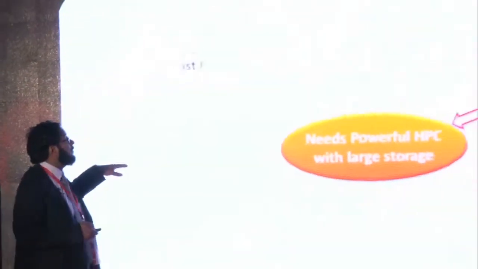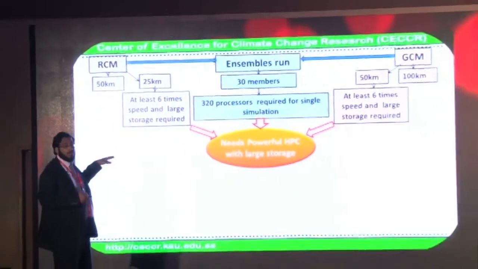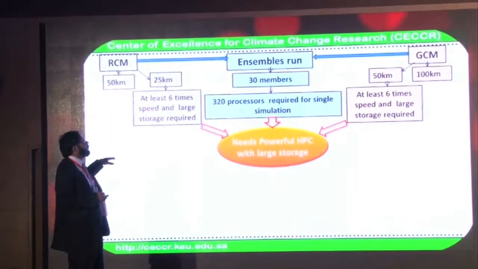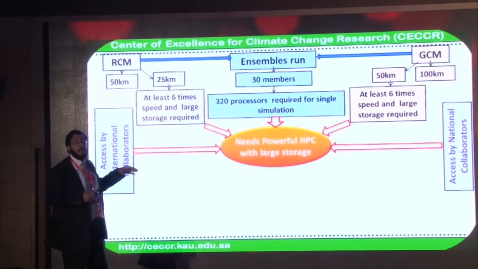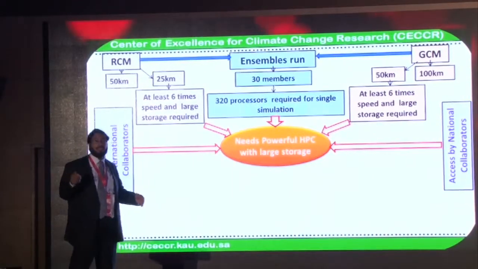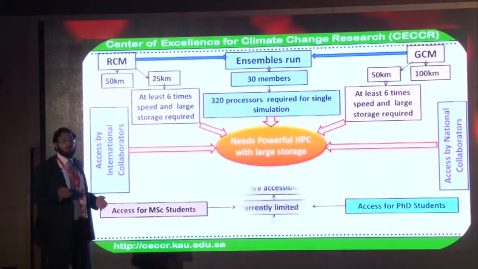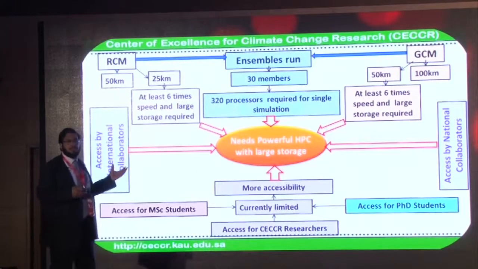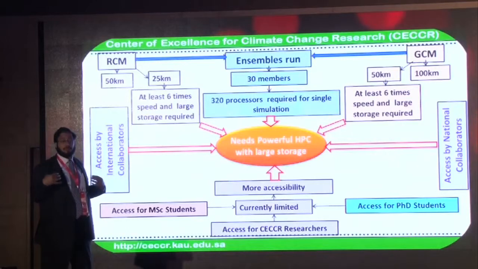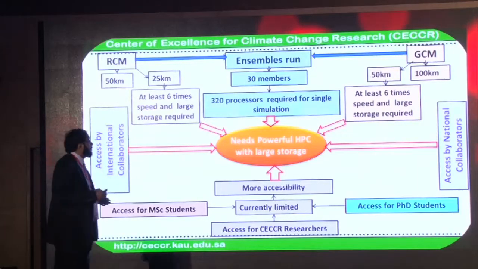Now, the HPC that I'm showing here is for the center, and this is how our work is going to advance in terms of having more national and international collaboration, and more simulations that we can do. This will help in solving our own problems of extremes, climate change, and all these future scenarios.